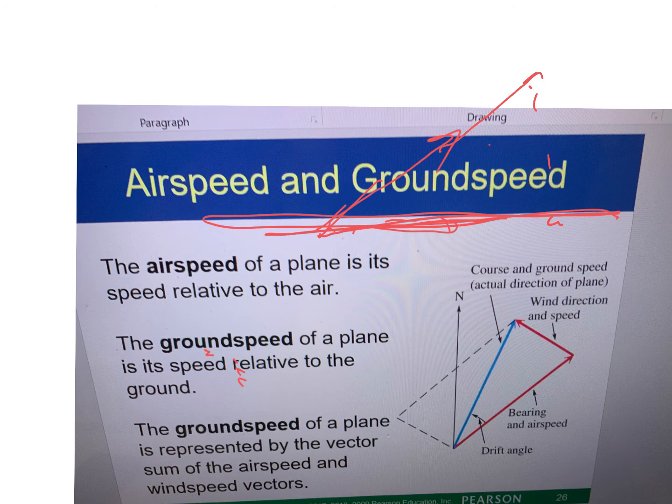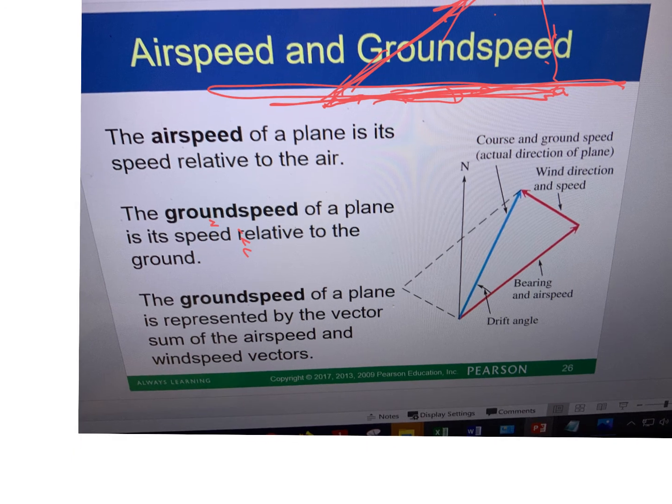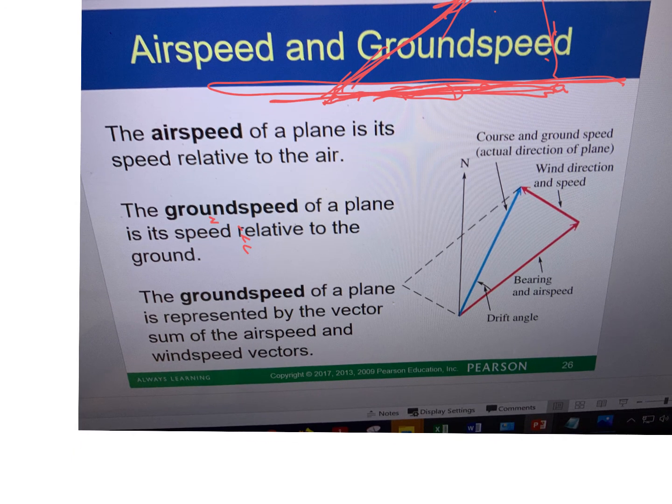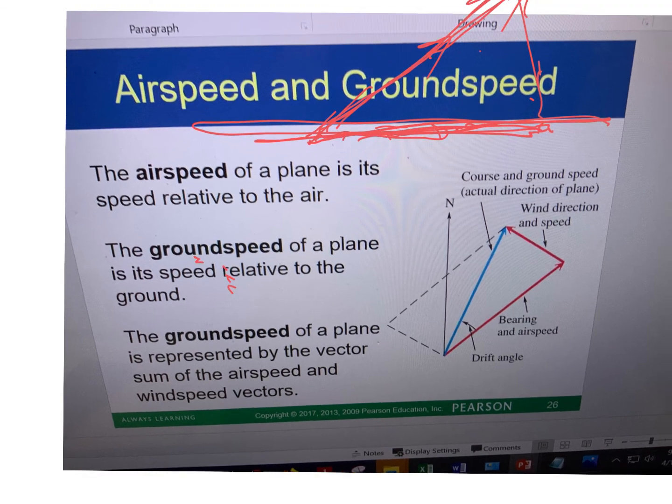It's not the same speed horizontally. The combination of the vertical and horizontal creates this vector here, but the miles per hour on the ground is going to be more because it's longer. The ground speed of a plane is represented by the vector sum of the airspeed and the wind speed.